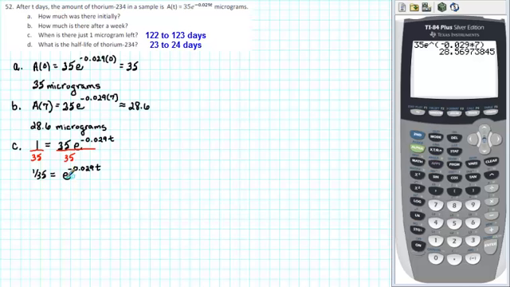To undo the exponentiation base e, we'll need to take the natural logarithm of both sides. The resultant equation is the natural logarithm of 1/35 is equal to negative 0.029t. Finally, to undo the multiplication by negative 0.029, we'll need to divide both sides by negative 0.029.